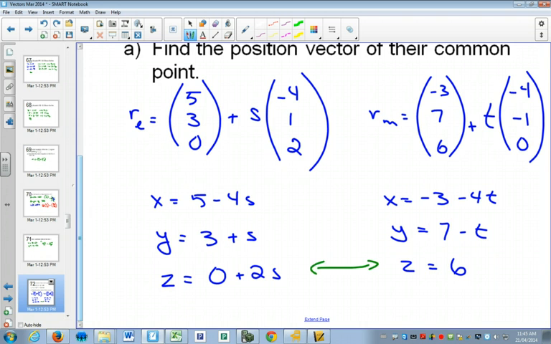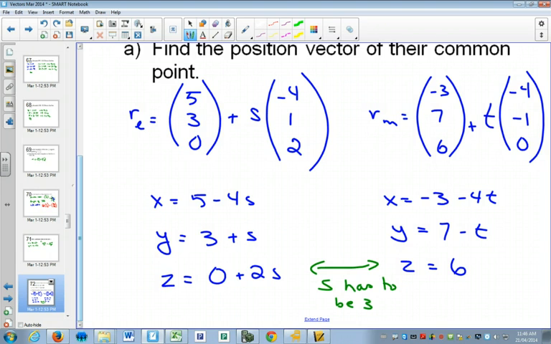So if that's going to work, if they are going to cross, and the way the question is worded is it says they do cross, then according to this last one, s has to be 3.